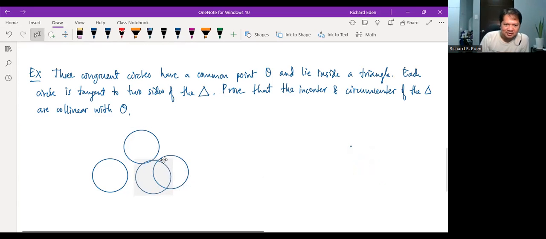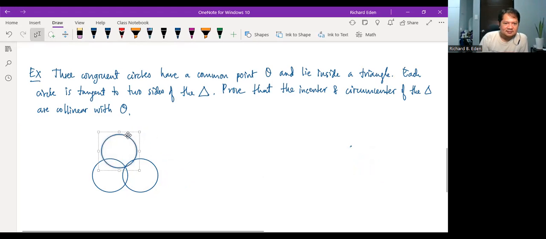So the configuration looks like this. These three circles have a common point. Let this pass through, but not necessarily like that. It should look like a Mitsubishi logo, but we don't want to make it too symmetric.